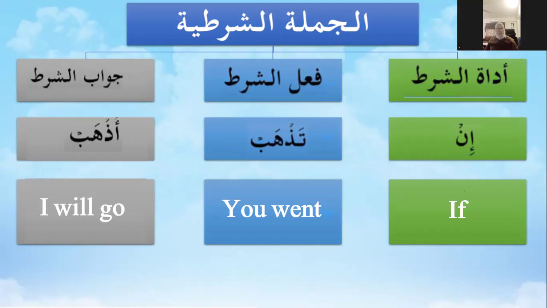Adawt Shart, that is the letter or the word which is causing the change. And Failul Shart, just like Tazhabu, it becomes Tazhab. Jawab Shart, Azhabu becomes Azhab. So, in short, Jumla Shartiya will have three parts: Adawt Shart, Failul Shart, and Jawabul Shart.